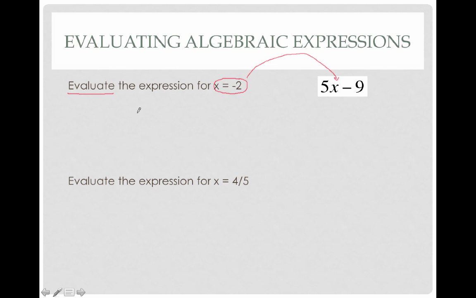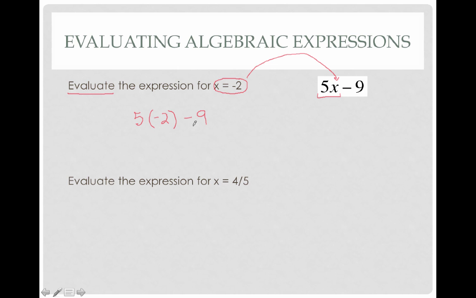So now this expression becomes 5 times -2 minus 9. When we have letters and numbers or two numbers right next to each other, that indicates multiplication. Sometimes students get confused on that, but that is 5 times x. We don't put the multiplication symbol. We can, but we don't have to.